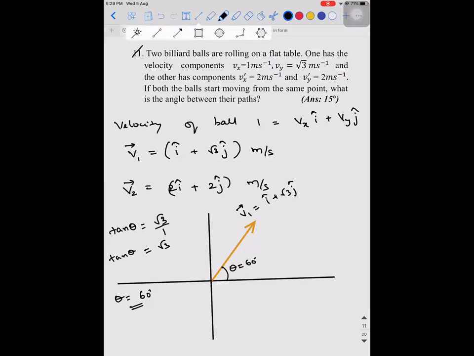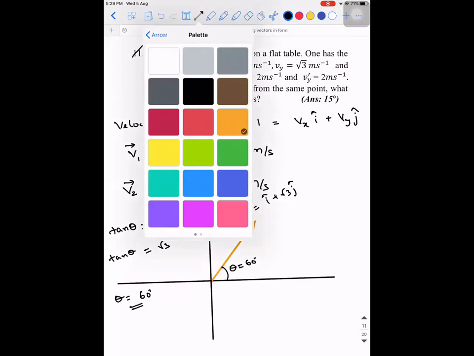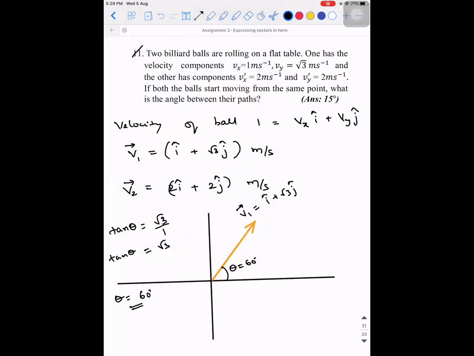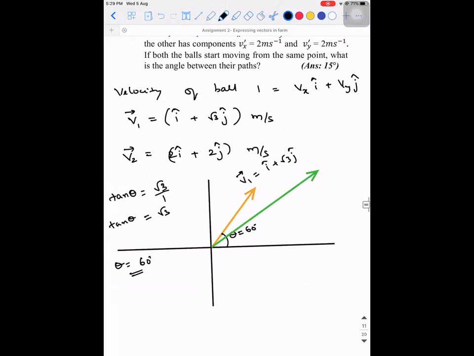Similarly, the second vector is i cap plus j cap. It is going to be somewhere over here. Then what is the angle made by the second vector? This is theta 2. Tan theta 2 will be equal to what? 1.